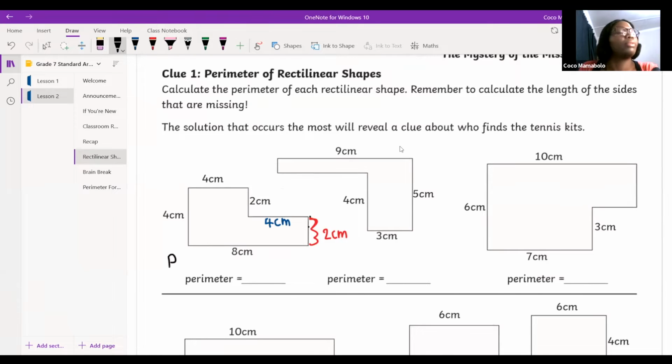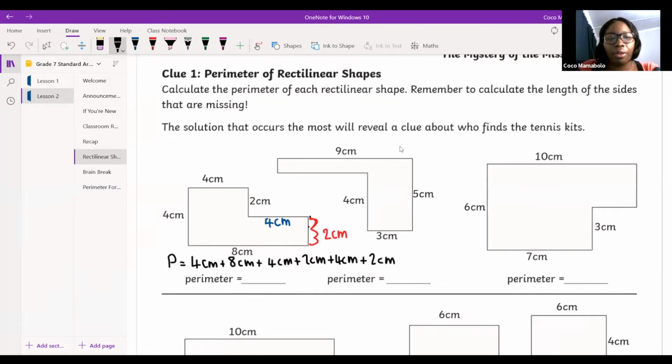Capital letter P equals 4 plus 8 centimeters, plus 8 centimeters, plus 4 centimeters again, plus 2 centimeters, plus 4 centimeters again, and plus 2 centimeters.